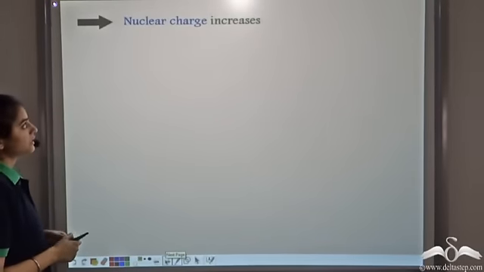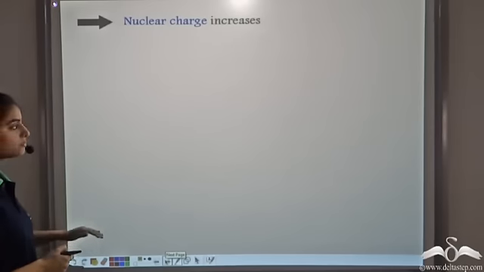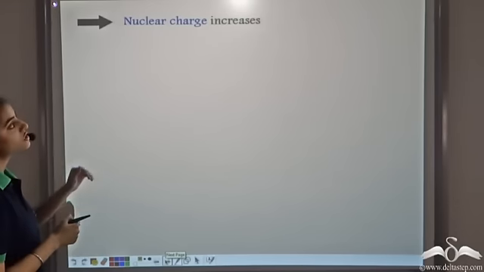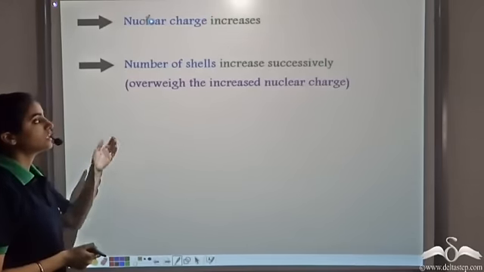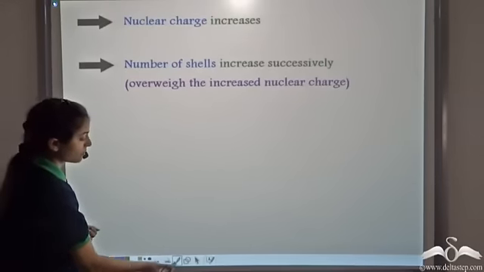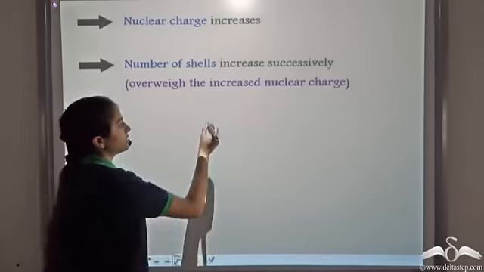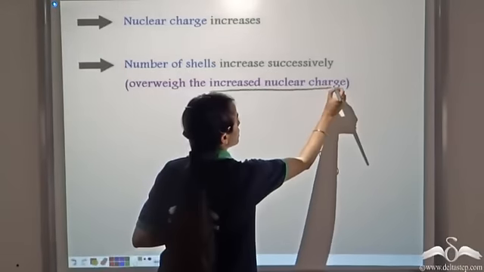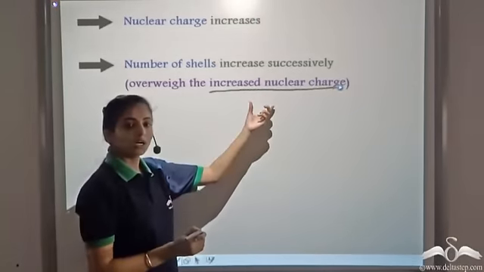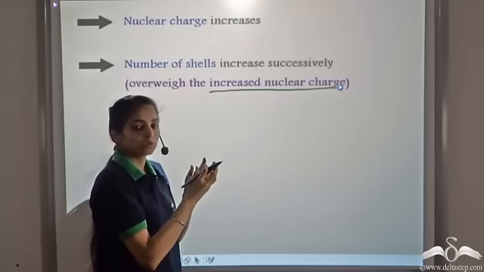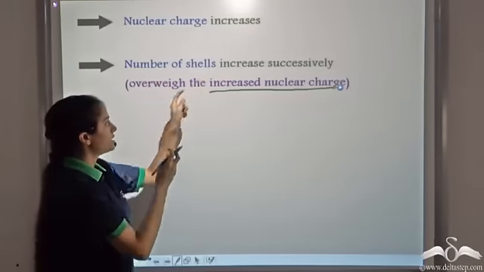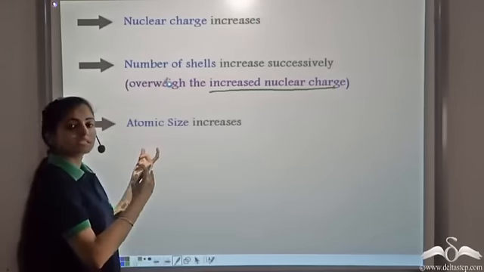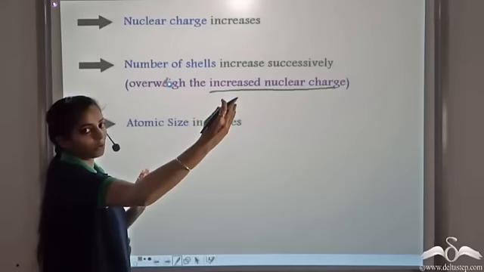So let's revisit again. On moving from top to bottom in a group, the nuclear charge increases. Also, the number of shells increase, which overweigh the increased nuclear charge. We know the effect of nuclear charge is that it tends to pull the outermost shell closer to itself, but the increase in the number of shells increases the distance between the nucleus and the outermost shell.